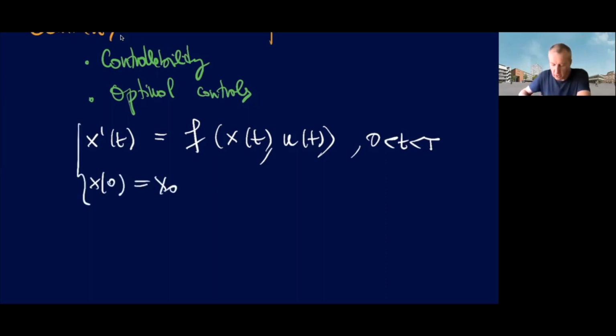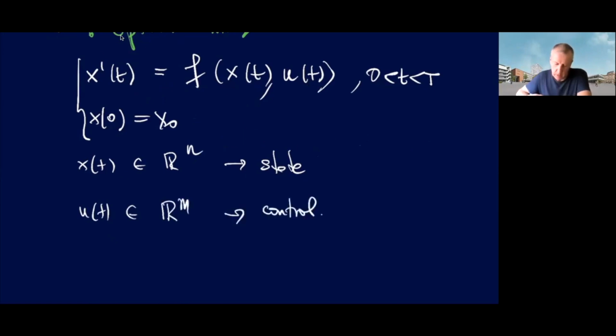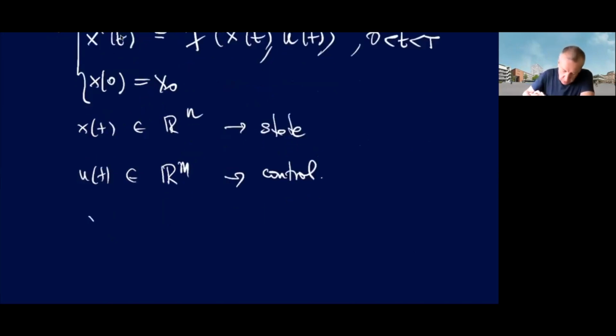You can assume that x(t) is the state, living in R^d, or maybe in R^n, and then U is the control. And then you tell me, I want the solution to get close to a given target.